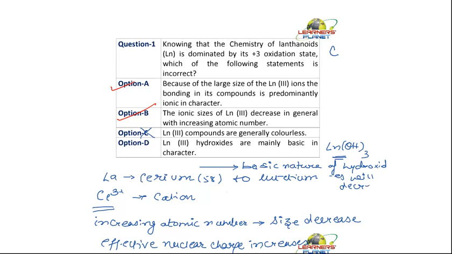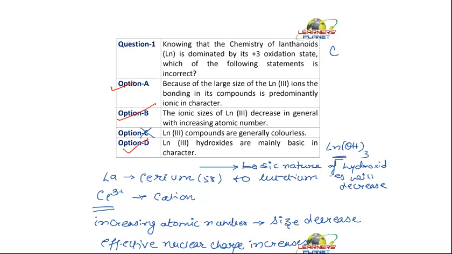Why? Because the size is decreasing, and as the size is decreasing, the bond strength between the lanthanide and the hydroxyl will be more, and it cannot lose hydroxyl ions easily in the solution. So this option is also correct.